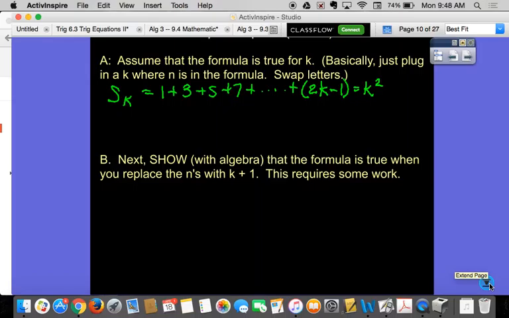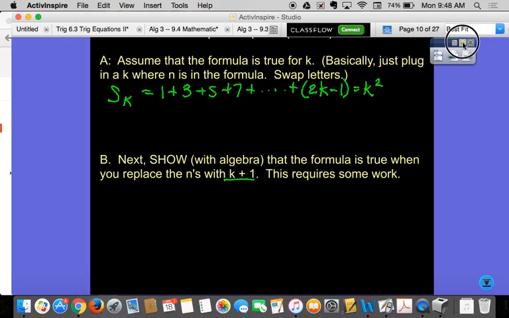Now, here's the next part. What you're going to do, and this is where the goodie is, you have to prove that this is true for the next term, for the k plus 1 term.